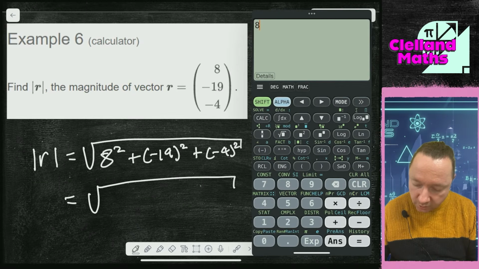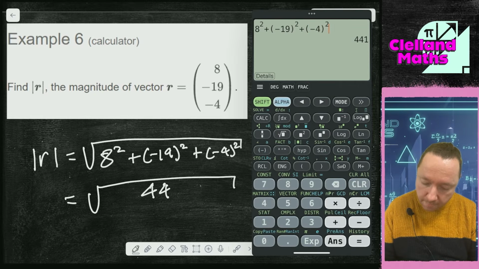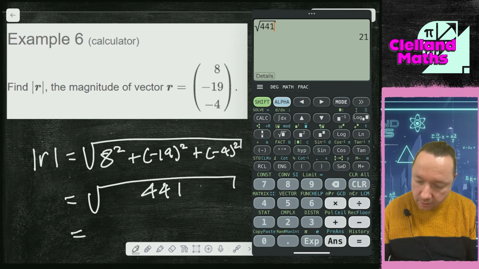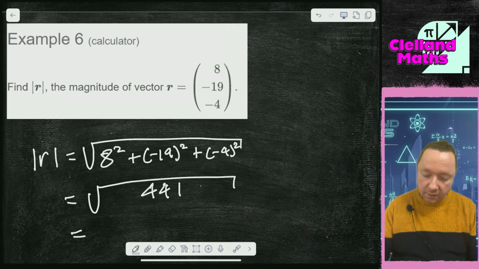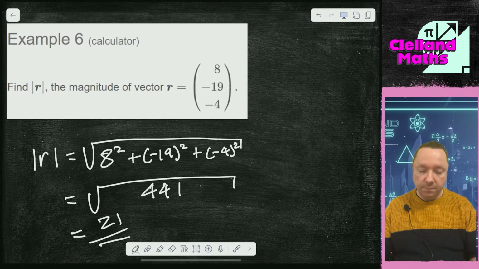I've got 8 squared to do, plus bracket minus 19 squared, or you can just drop the minus, plus bracket minus 4 squared. Well, that's 441. So that means we can square root that. And we get 21, and we're done there. Quite often these come out as whole numbers, by the way, but it could be a decimal answer.